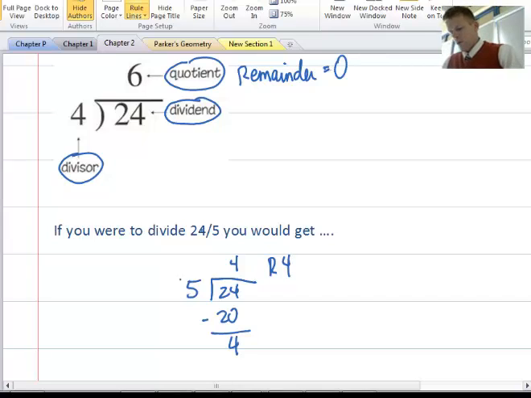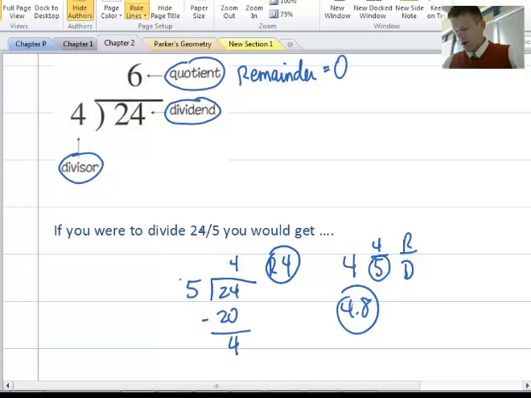But this is not what you normally see on the calculator when you do 24 divided by 5. You see a decimal, because you take the remainder and divide it by the divisor. So you have 4 and 4/5, which gives you 4.8. We'll show you why that's important later.